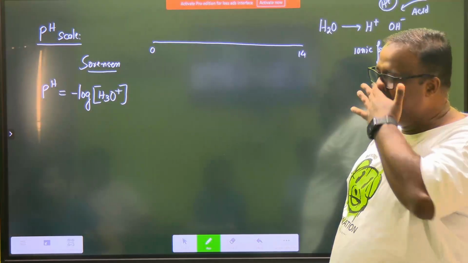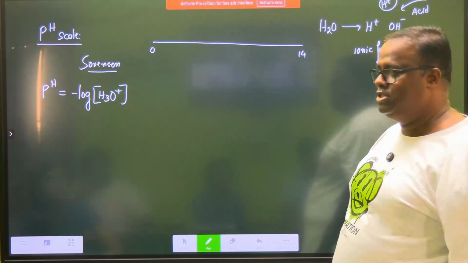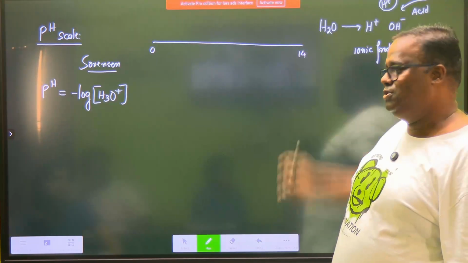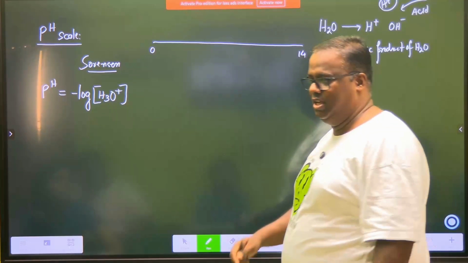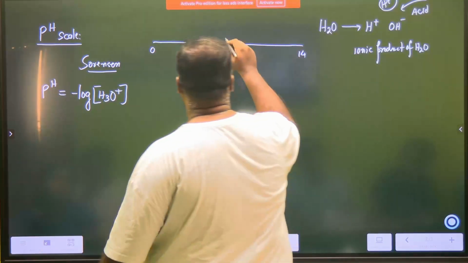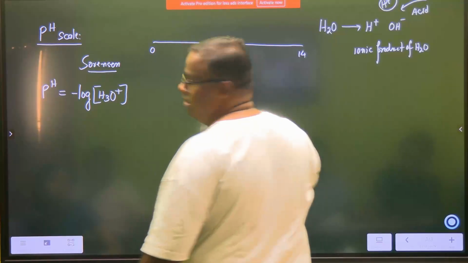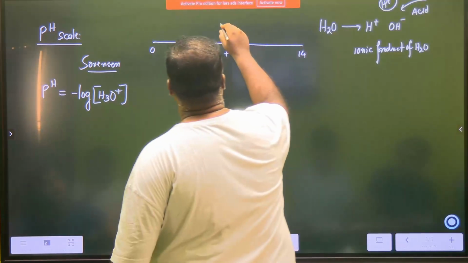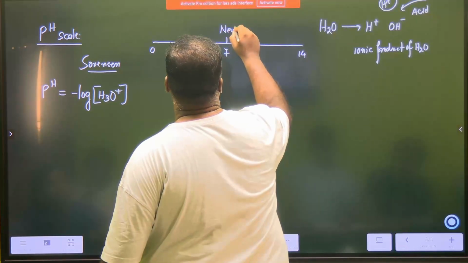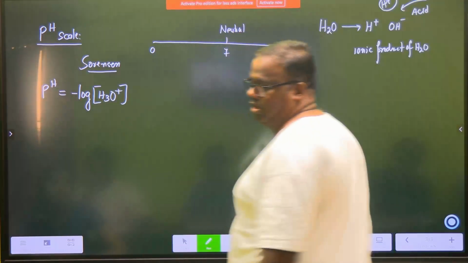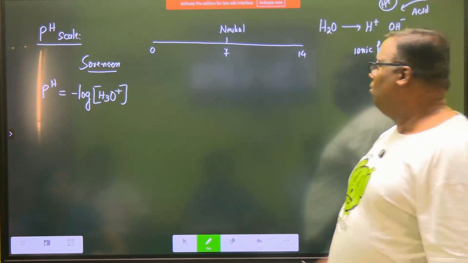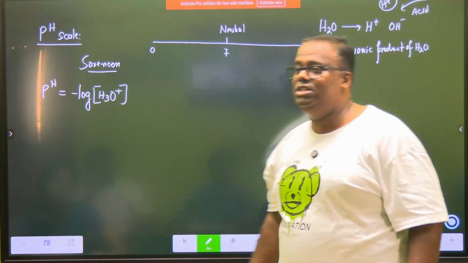Means 10 to the power minus 7 positive ions and 10 to the power minus 7 OH minus ions. This is a pH scale. And what is the mid of this scale? 7. At 7, the scale reads a solution as neutral. So if you are water, your pH should measure how much? 7.